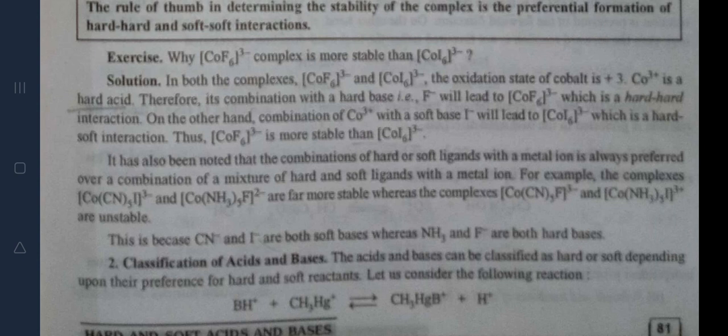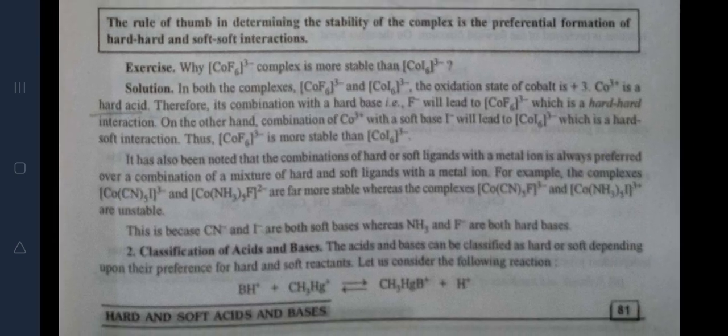For example, the complexes [Co(CN)5I] 3 negative and [Co(NH3)5F] 2 positive are far more stable, whereas the complexes [Co(CN)3F] 3 negative and [Co(NH3)3I] 3 positive are less stable. This is because CN negative and I negative are both soft, whereas NH3 and F negative are both hard bases.